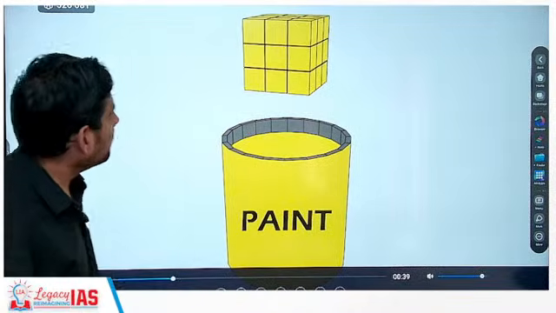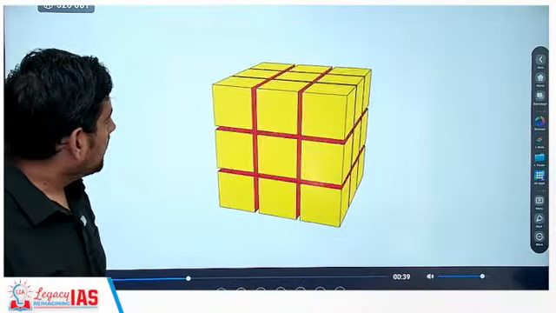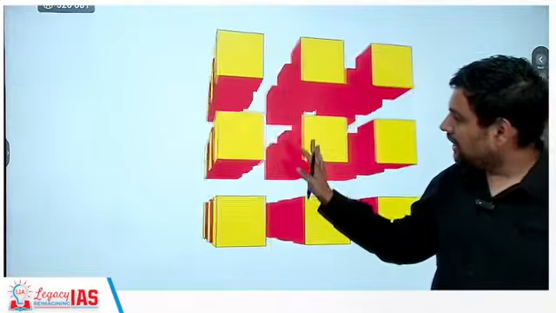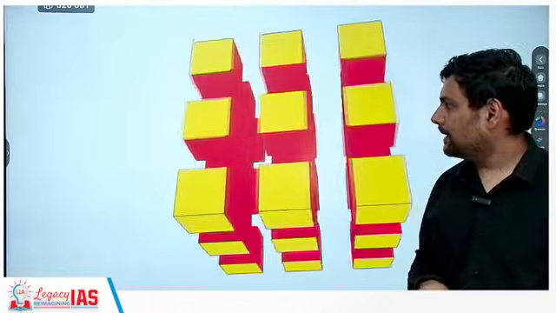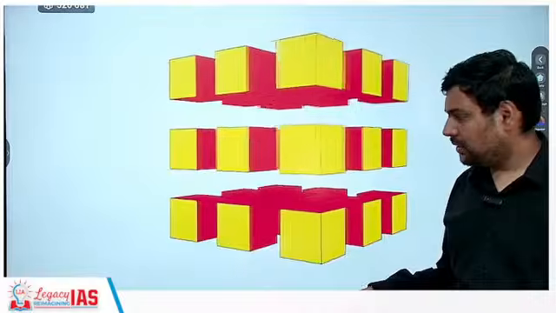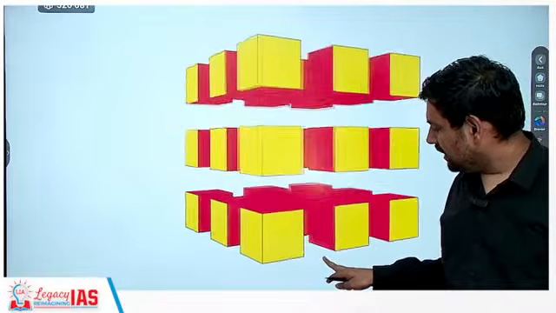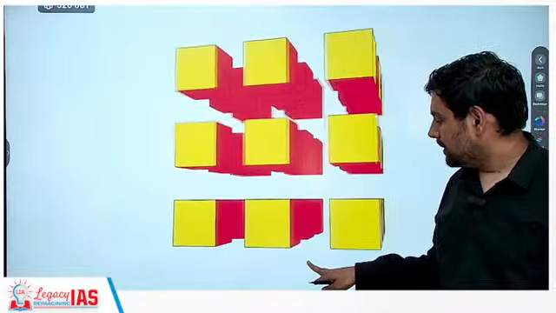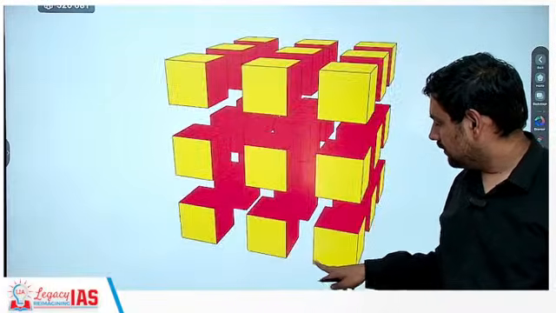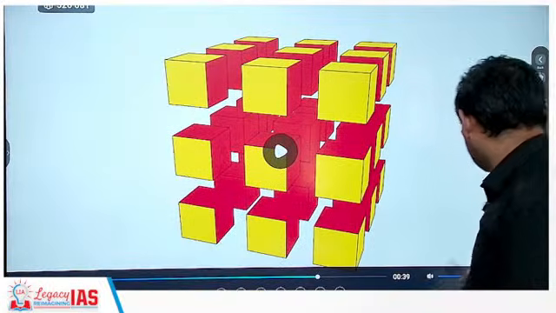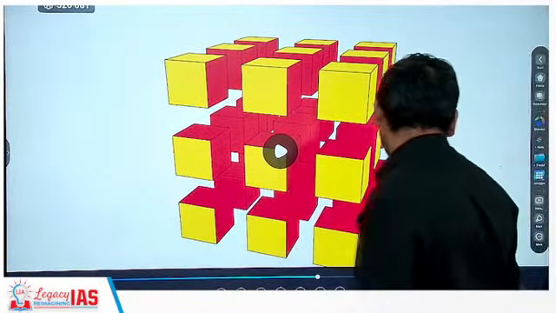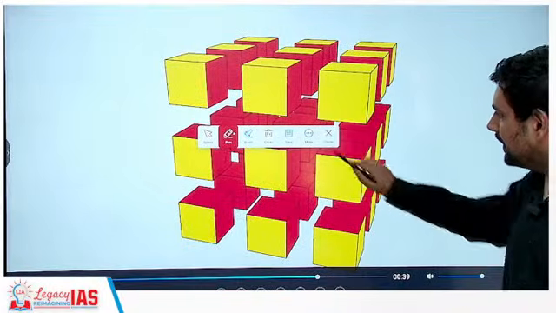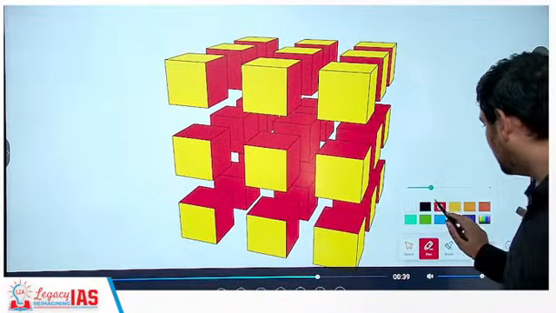See, if it opens, inside you can still see red, while outside you have yellow. Correct? Now, because of this, there are different kinds of small cubes that are formed here. See, if you observe, see this particular one.